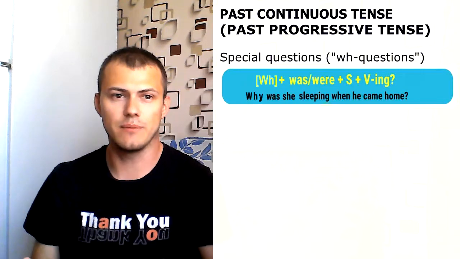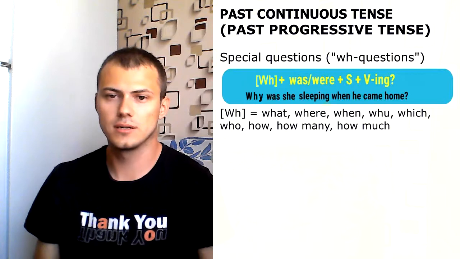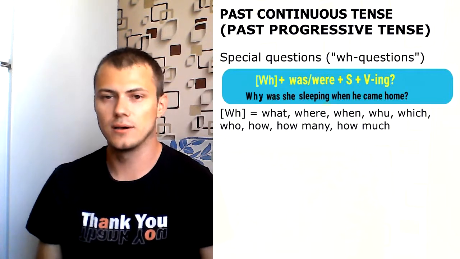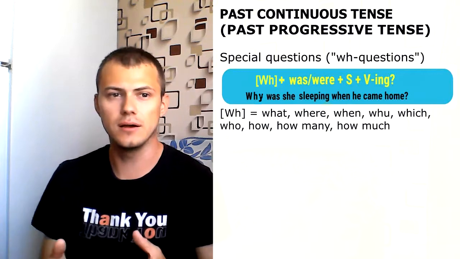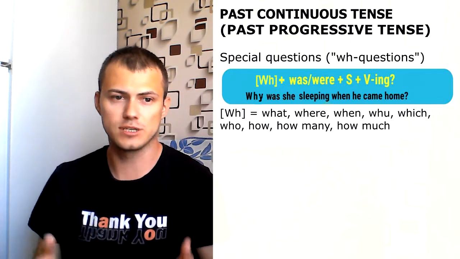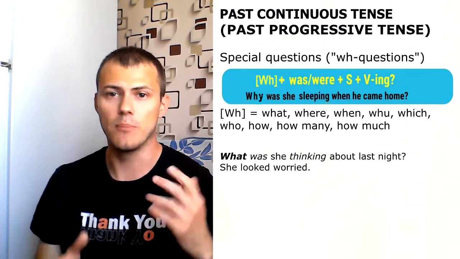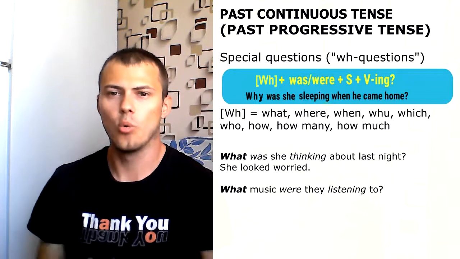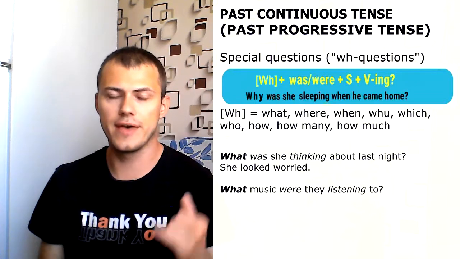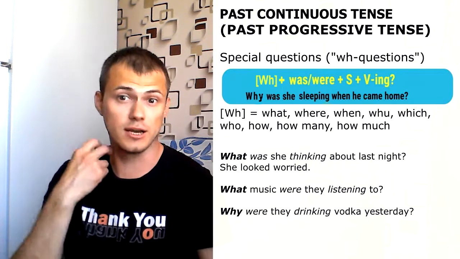So, for example, special questions begin with what, where, when, why, which, who, how many, or how much. For example, what was she thinking about last night? She looked worried. What music were they listening to? Why were they drinking vodka yesterday?